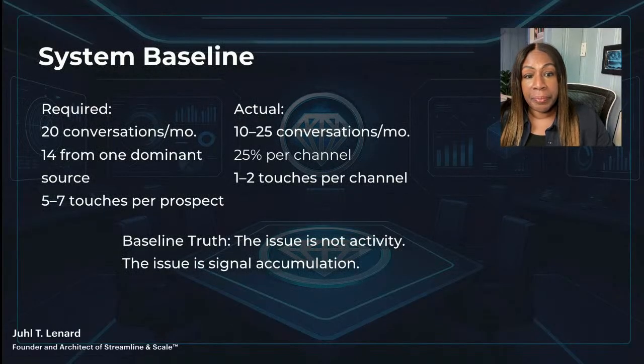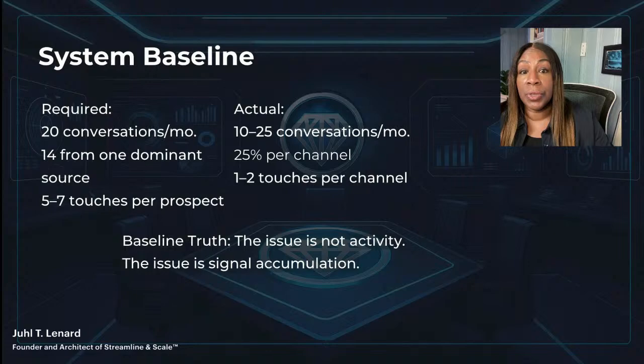Now, let's look at the baseline. So we need 20 conversations, 14 from a dominant source, 5 to 7 touches per prospect. What we actually do is we have 10 to 25 conversations per month, but there's only 25% of those conversations happening in a single channel.